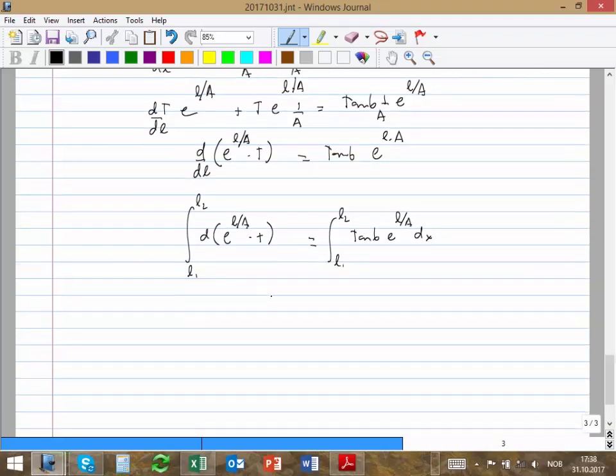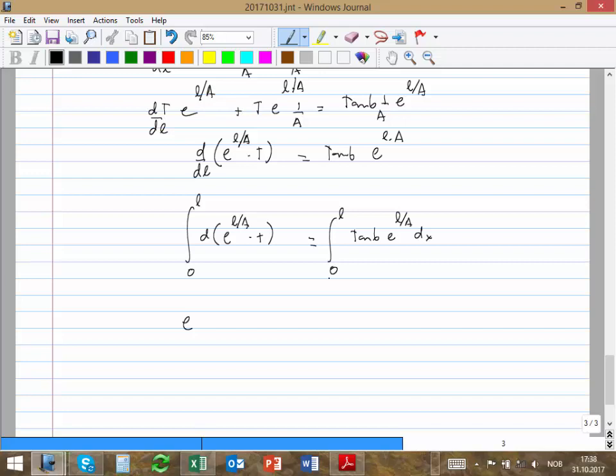This L I'm going to say is at a generic L. I want to start exactly from zero, from the beginning of the pipe, and I'm not going to integrate to any particular point L2, but just to a generic L, because remember I want to find the temperature every 10 kilometers.